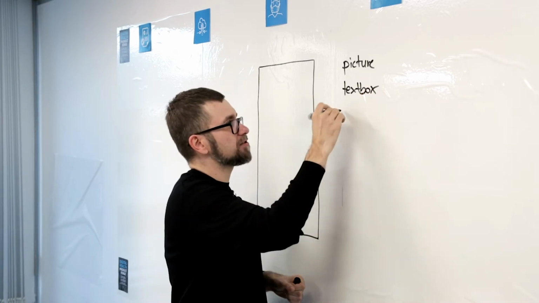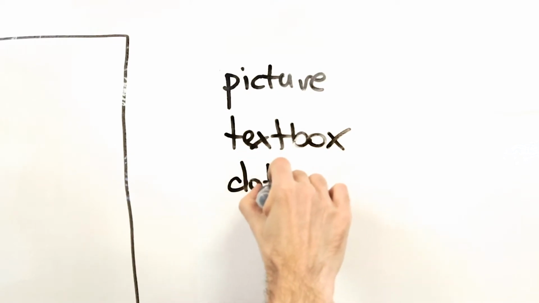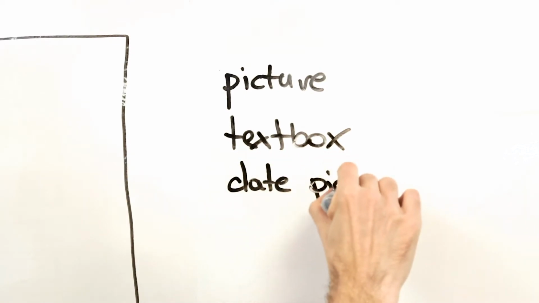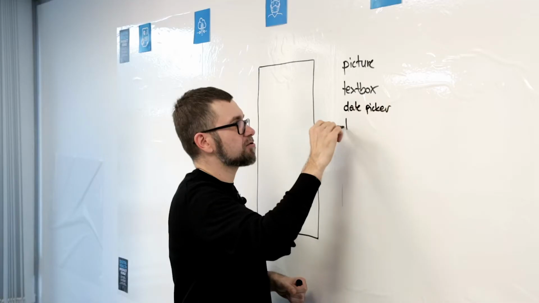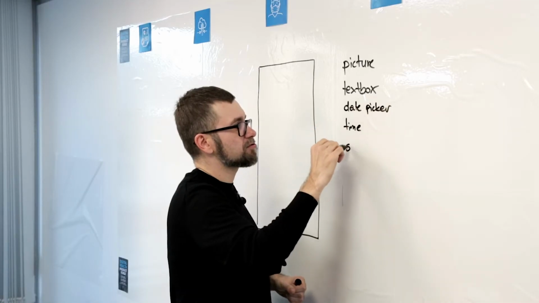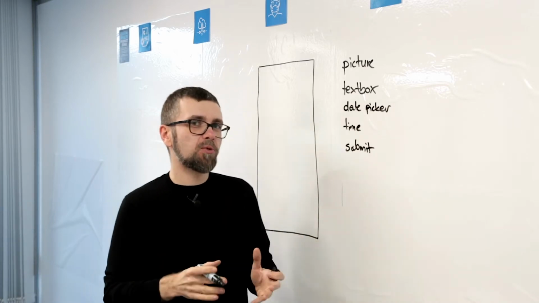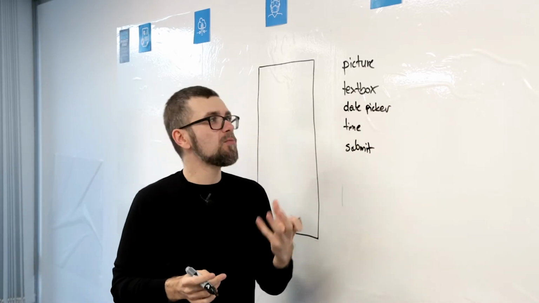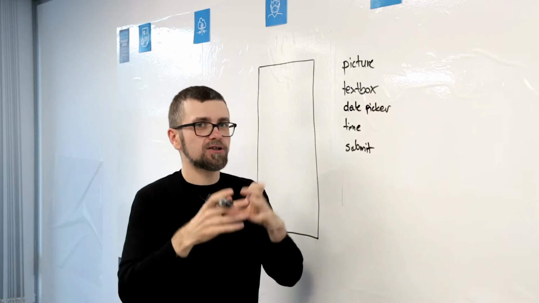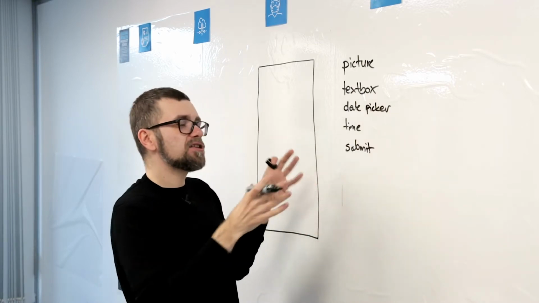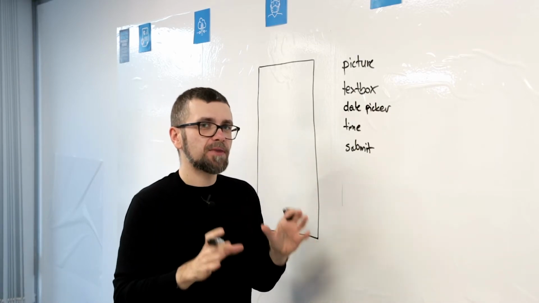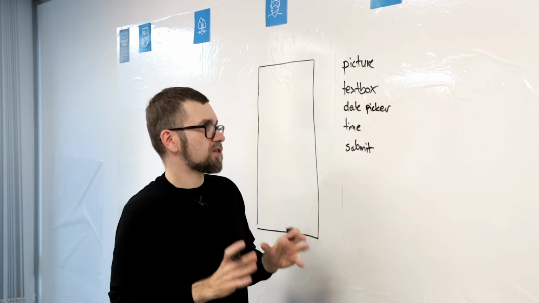And then maybe a date picker to choose the date when we ate it. Potentially also the time. And a button to submit information. Putting this on paper is really important because you won't remember about everything once you are actually sketching. So having a list like this would put you ahead and it would really make the work much more relaxed.